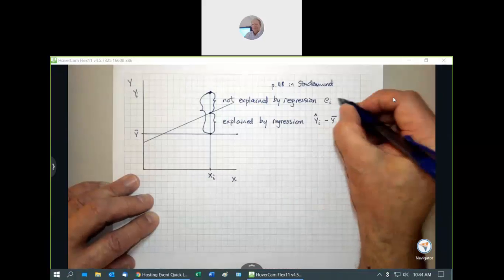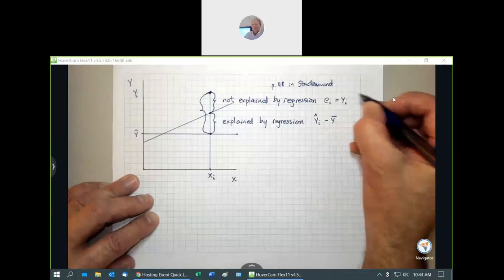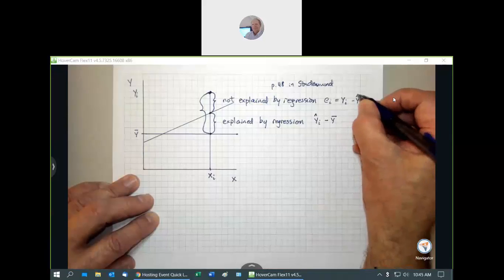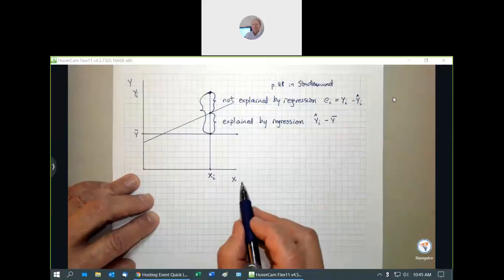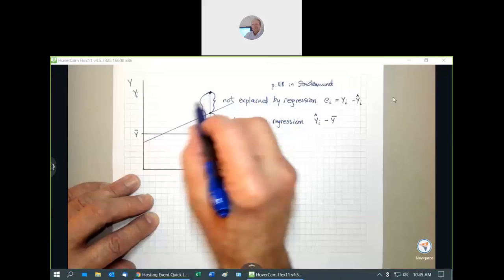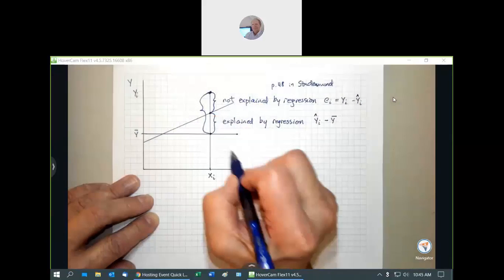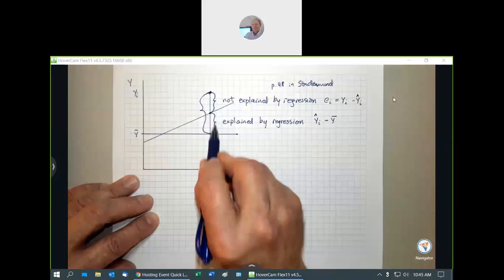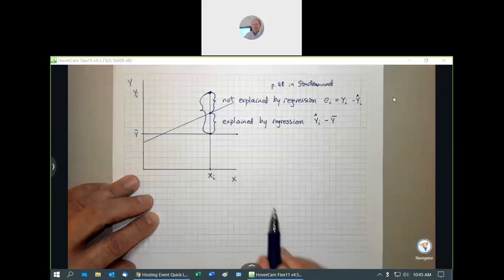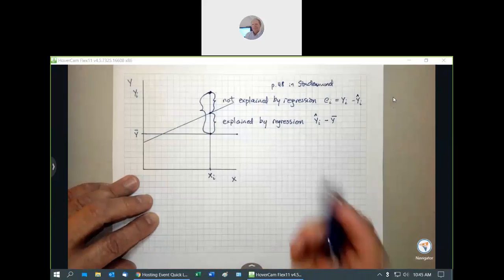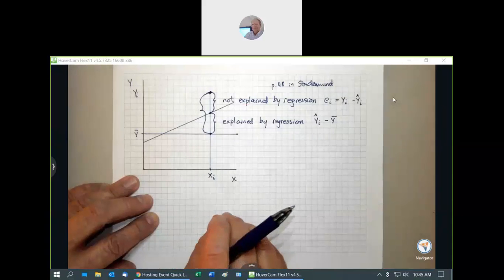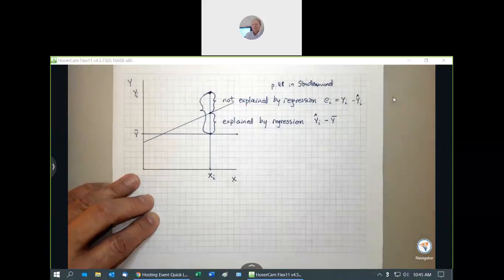And you remember by definition, ei is equal to yi minus yi hat. So this is a very important diagram. It's just saying that our total variation of yi from its mean is equal to the part that's explained by the regression and the part that's not explained. They together have to add up to that total variation.